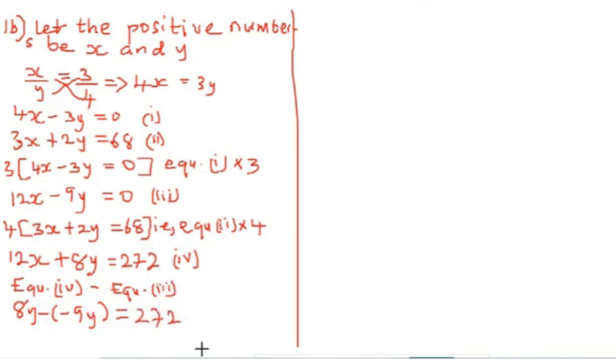Let's take it in bits. So 8y plus 9y is equal to 272. In essence, 8y plus 9y will give us 17y. So we have 17y is equal to 272.